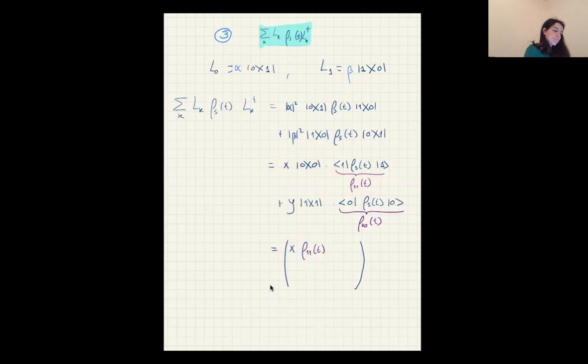Down here we have y, so it's the term 1, 1, so it comes here. So it's y rho 0,0 of t, and nothing in the off-diagonal terms. Good. So now we have 1, 2, and 3.